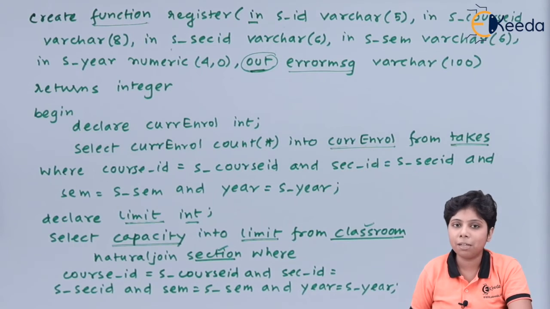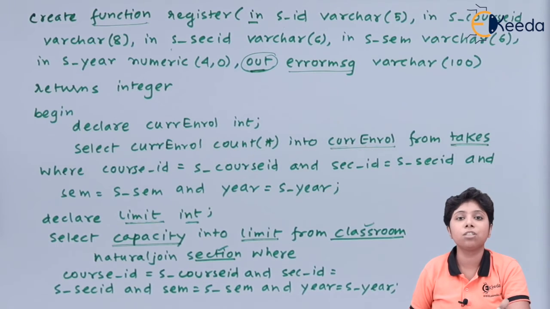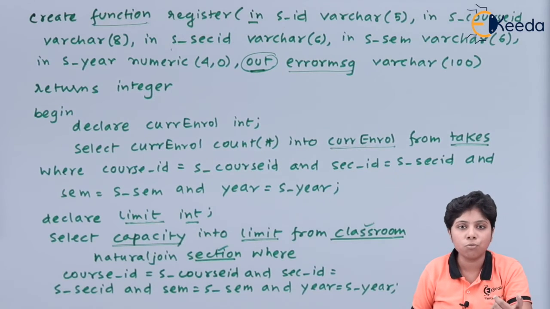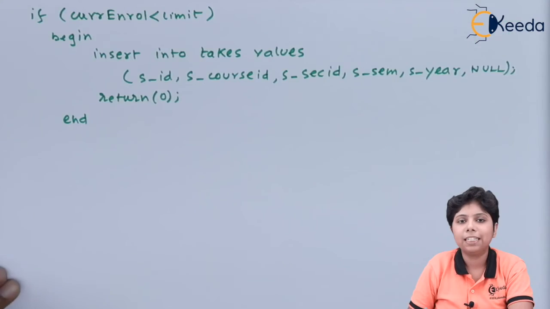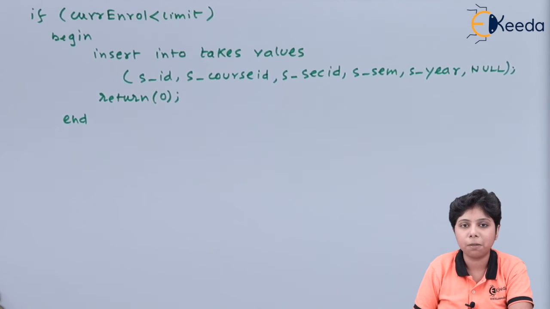So now I have the limit as the capacity, and current enroll as the student who wants to get into some course. Now if the current enroll is less than limit, that means the student fits within the capacity.